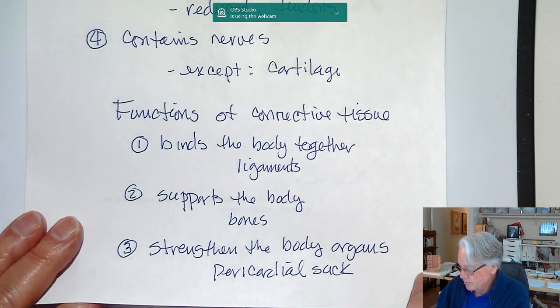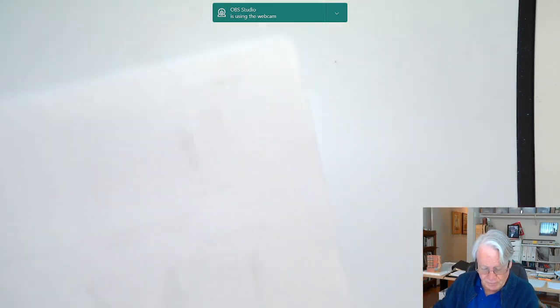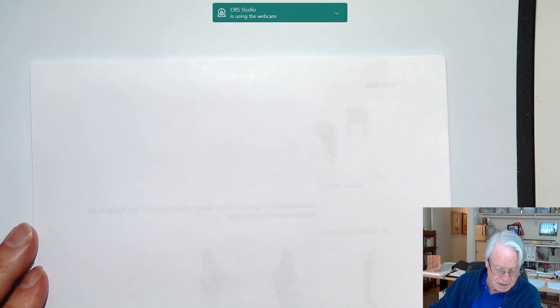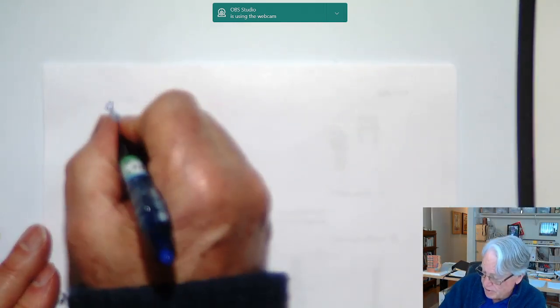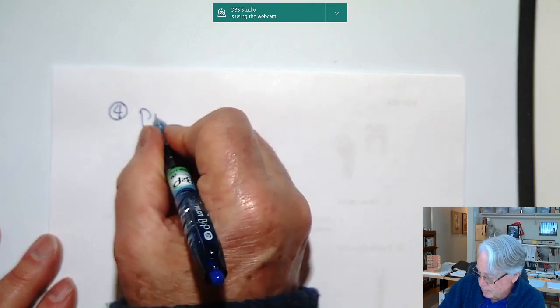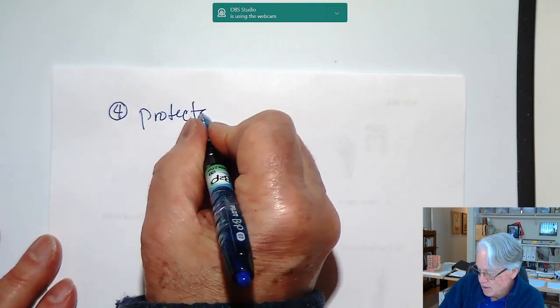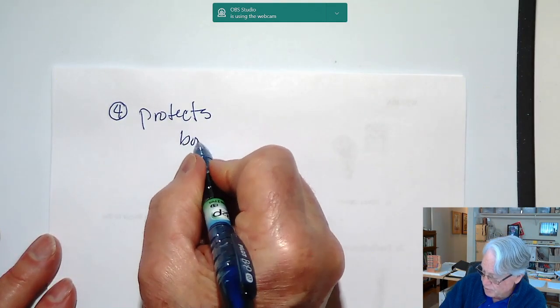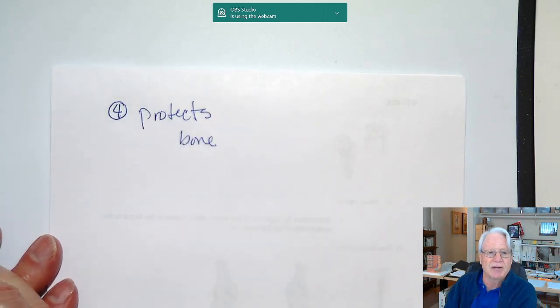Okay, strengthens body organs. And number 4 on our list is protects. And again, a very obvious example would be bones, such as the bones that surround the central nervous system.